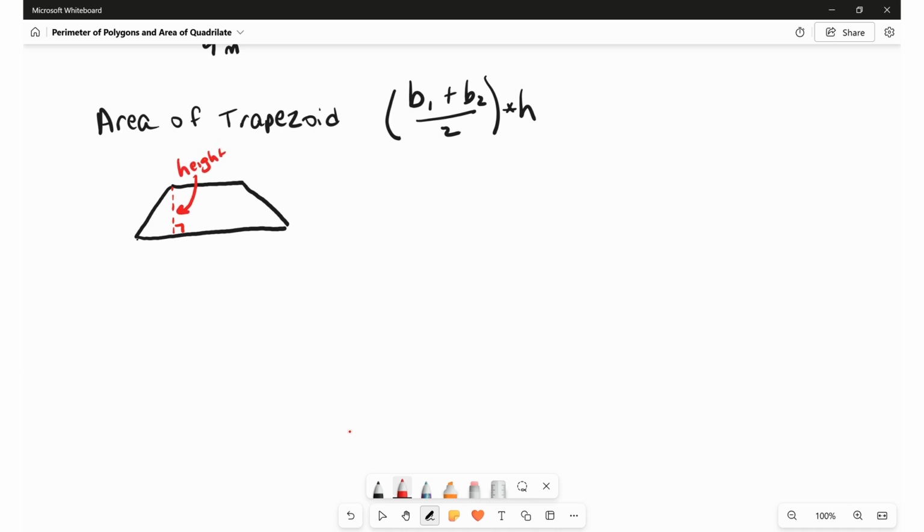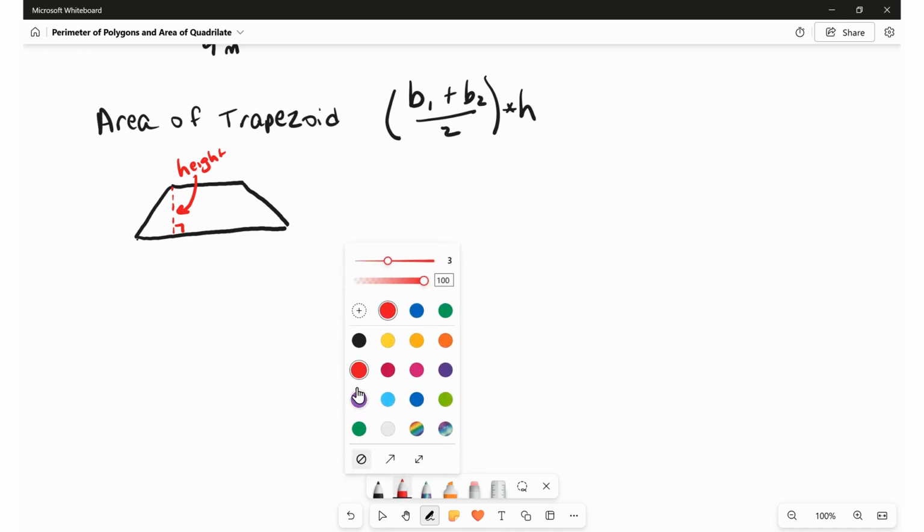And we might be told that the height is, let's say, 6 inches.